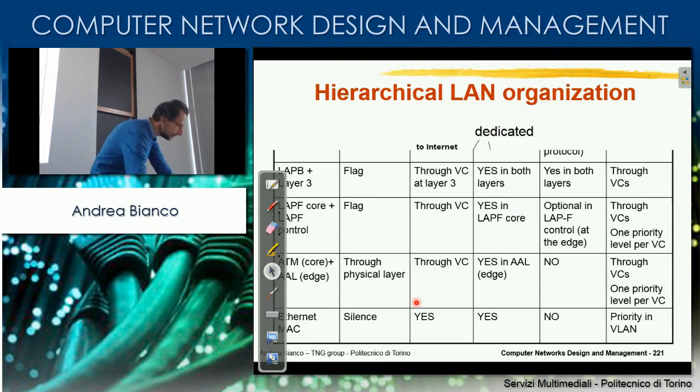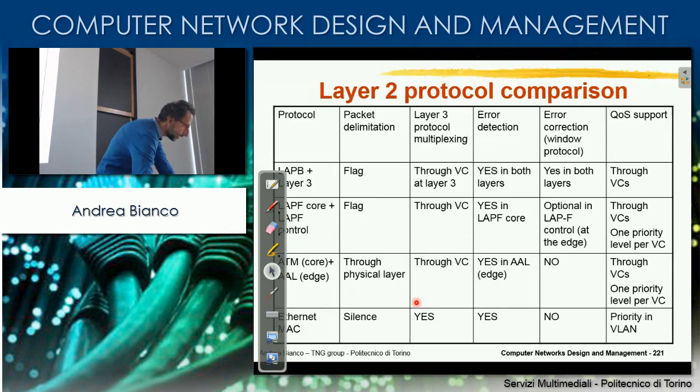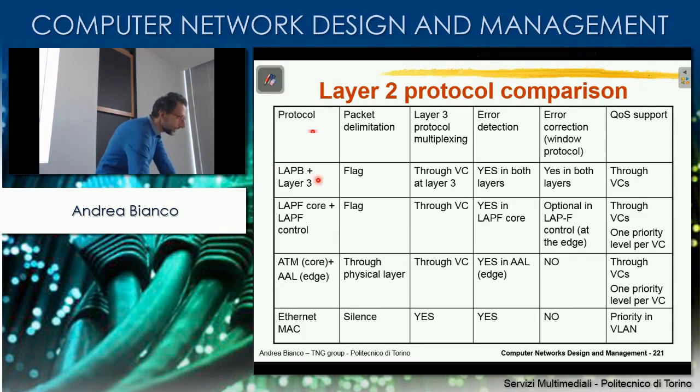That's a layer 2 protocol comparison here. So we have the protocols we have revised here. How do they do the packet delimitation? How do they implement the layer 3 protocol multiplexing?